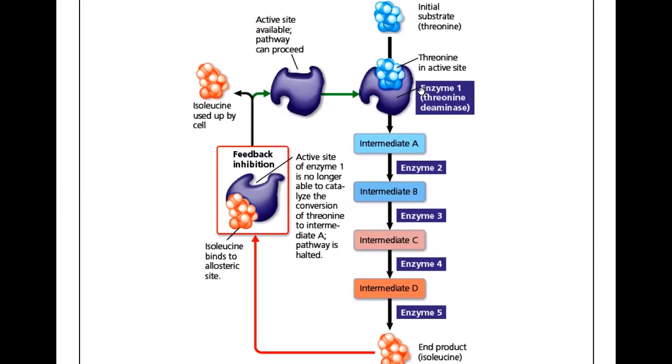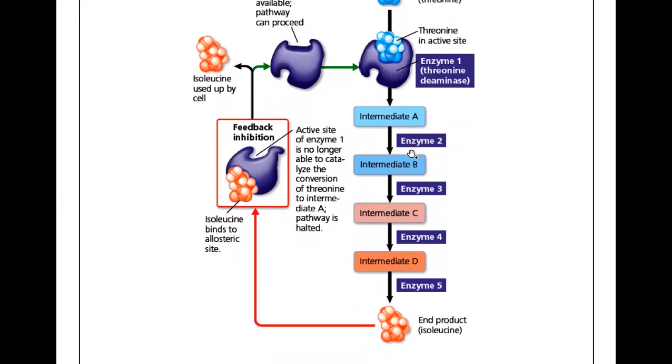Here, enzyme 1 converts it to an intermediate called A. That intermediate A is converted to intermediate B by another enzyme, B to intermediate C by another enzyme, and C to intermediate D by another enzyme. And the final product is isoleucine.